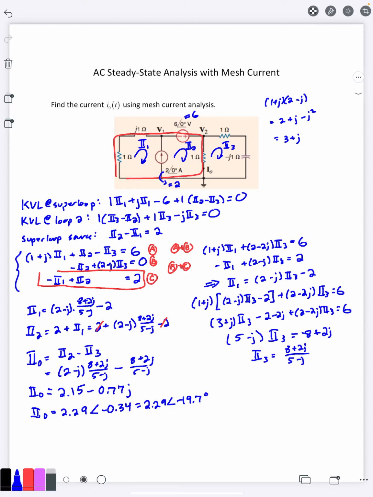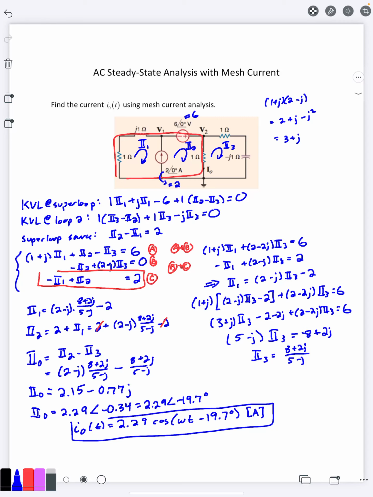And so what that means is we have our answer, I0 of t is 2.29 cosine. We don't know what omega is, so we can just write it as omega t minus 19.7 degrees in terms of amps. So we get the same answer whether we solve it by mesh current or node voltage. You can decide for yourself which method is going to be the best in your mind for solving the problem.